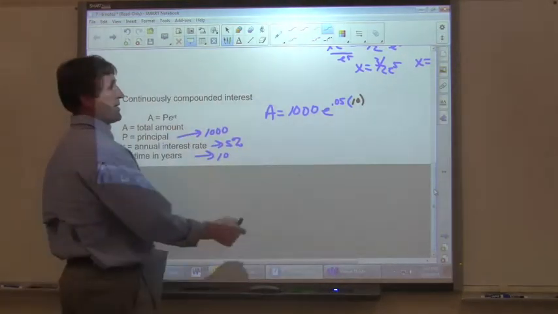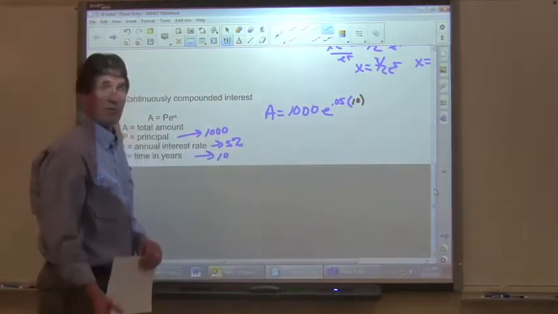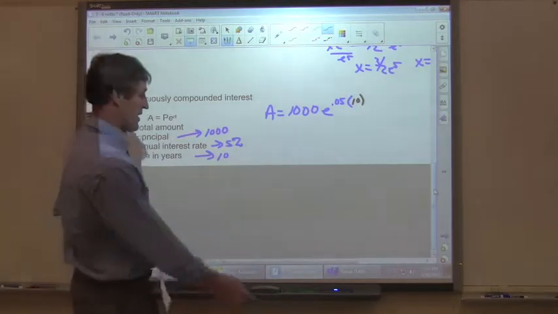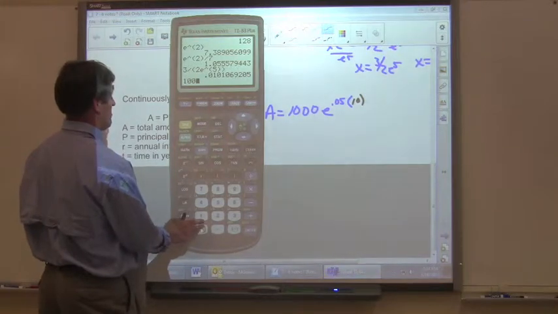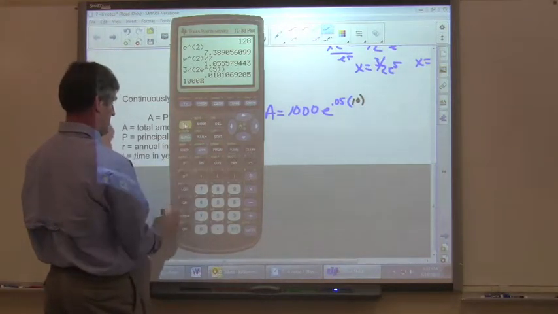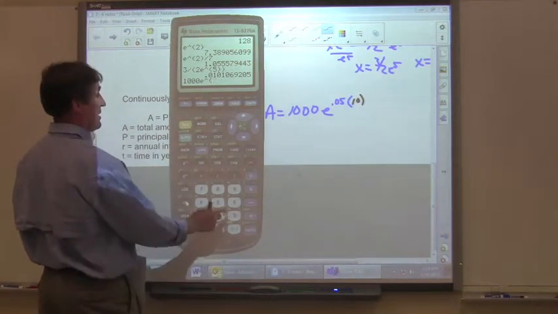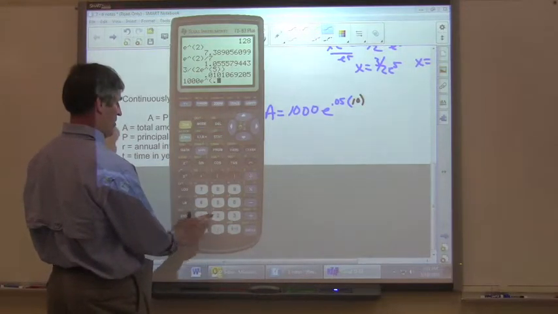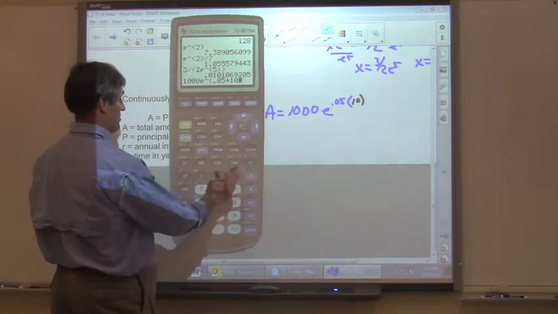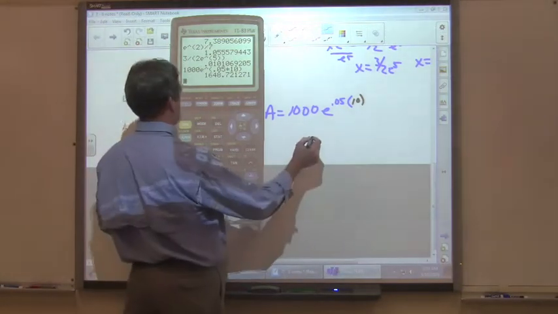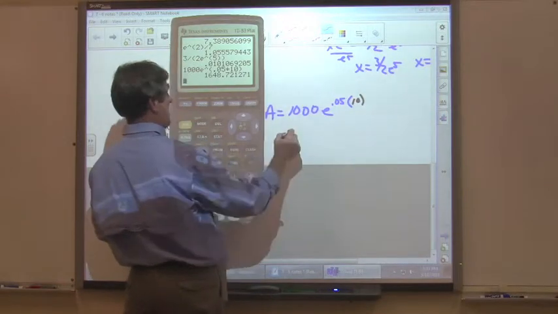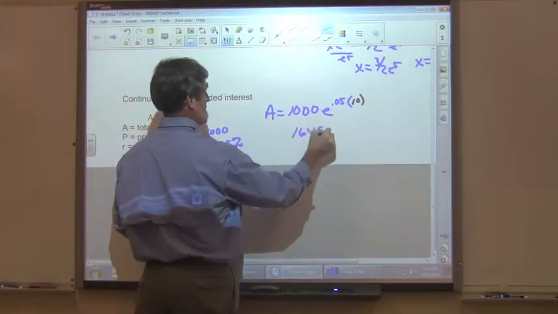So now, because the variable is not in the exponent, we don't need a logarithm, so we can just type this into the calculator. 1,000, and then second, ln, e to the 0.05 times 10, parentheses, and we get $1,648.72.